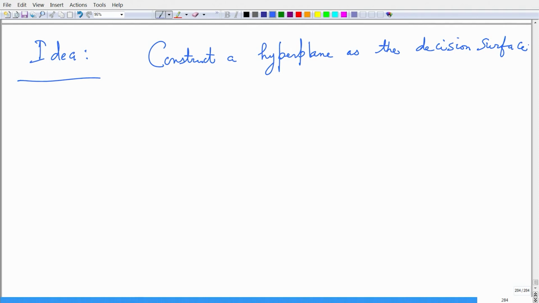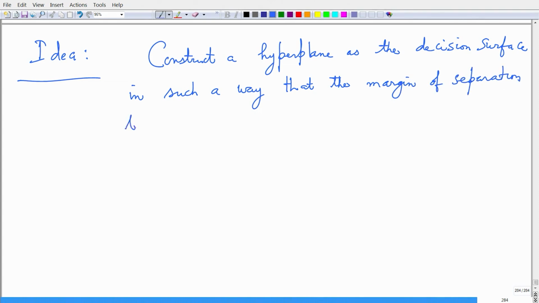Unlike MLPs and the RBFs, which could have nonlinear decision boundaries, here we want a hyperplane as the decision surface in such a way that the margin of separation between the two classes is maximized.